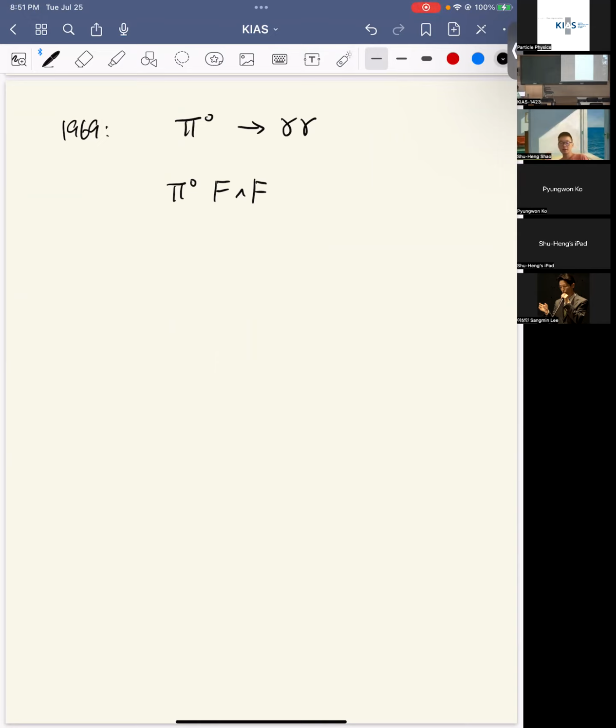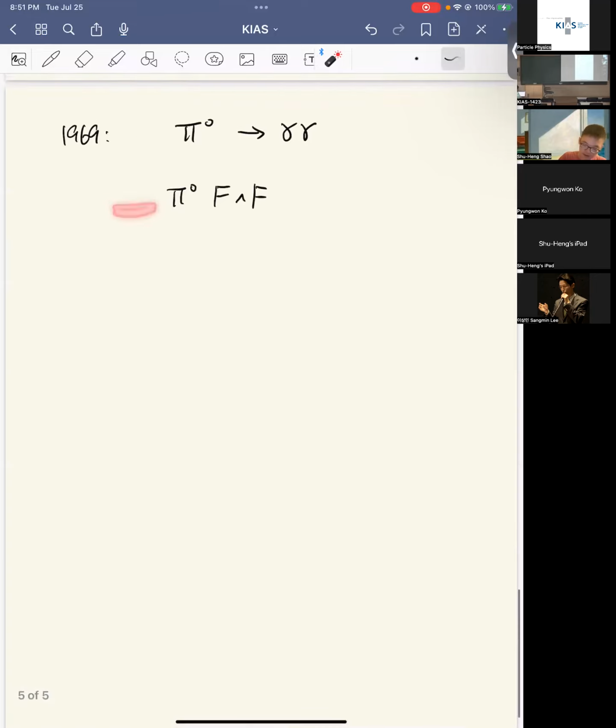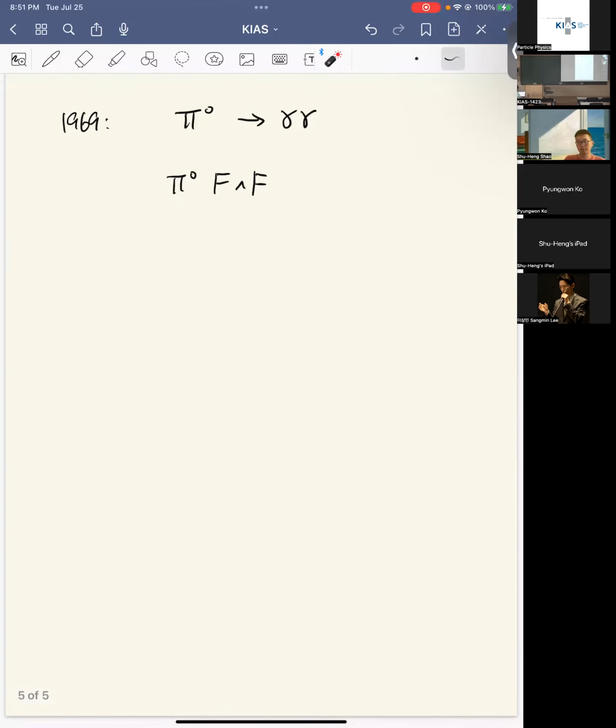But in the story of ABJ, it was exactly the opposite. It was the absence of a global symmetry that leads to the quantitative calculation of the coupling constant between pi0 and the photons. So how come we can learn so much from the absence of a global symmetry rather than the presence thereof?